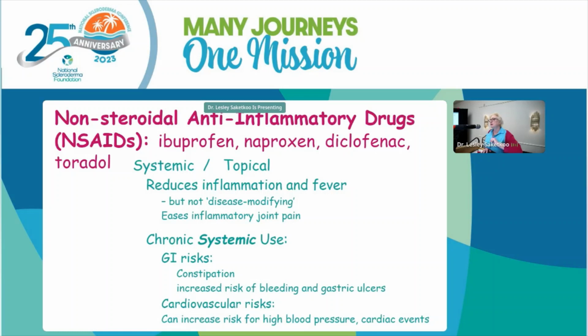Some of these compounds were taken off the market because they were associated with extreme cardiovascular events. The other issue is bleeding and GI bleeding. And as people living with systemic sclerosis, blood vessels are already fragile. And also the development of peptic ulcers.